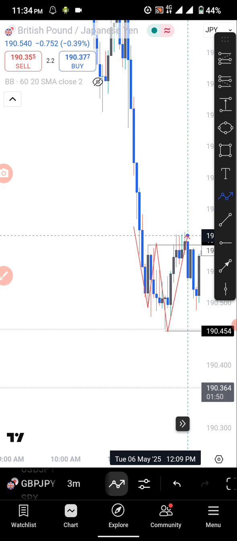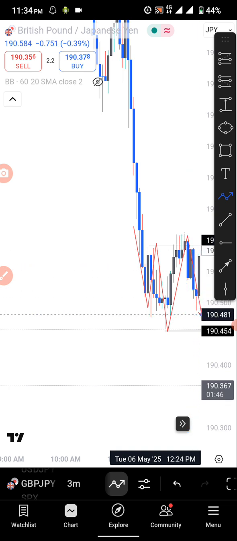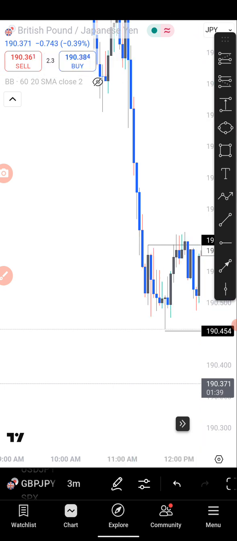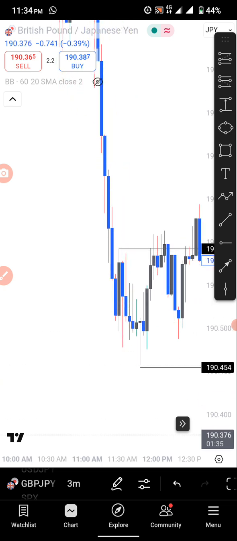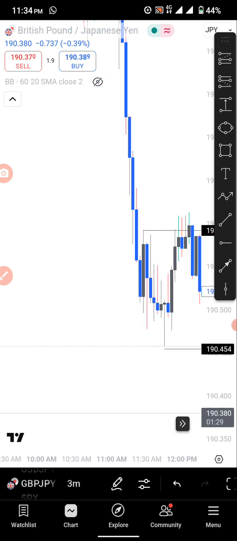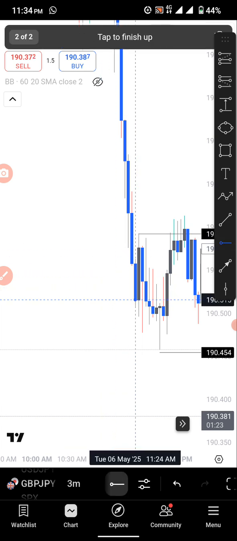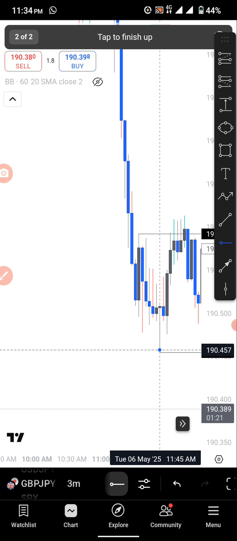So we want to get the entry to this side up above. How are we supposed to get that trade? If we see that M3 has shifted, you can mark the liquidity. And where is the liquidity?